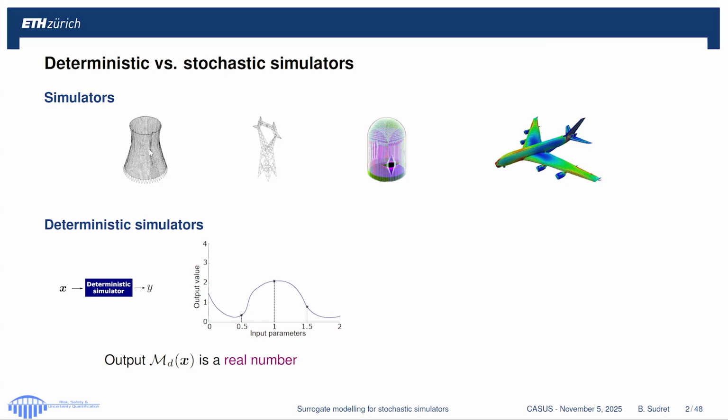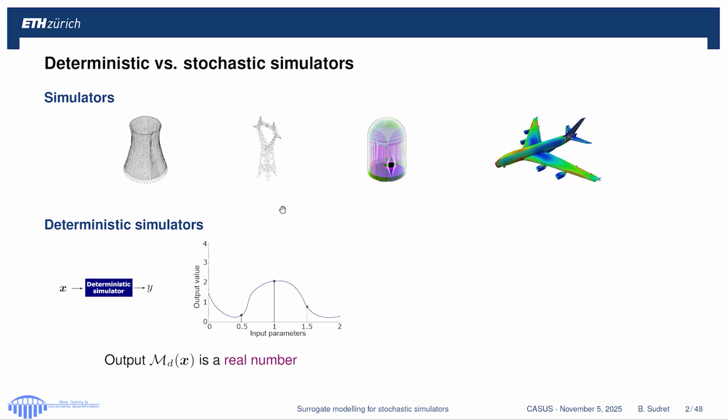You run your simulator, which usually solves PDEs, and then you get output quantities. Let's take one. So from this point of view, that type of simulator, standard ones, let's say, if you take an X, you go through this workflow and you get a single Y.